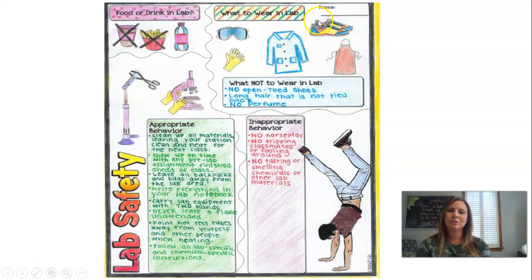This works especially with my geology classes. Sometimes we will be going outside, so you're going to want closed-toe shoes because the grass can be wet and muddy. Those are the big things. As you can see here, we are also looking at what to wear and what not to wear in the lab. Open-toe shoes are always a no-no.